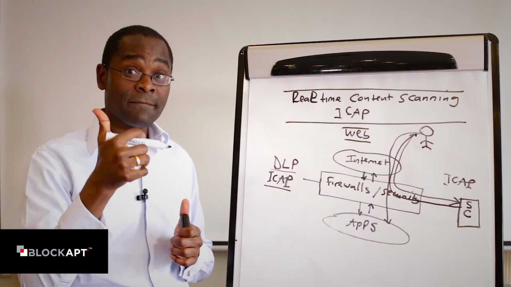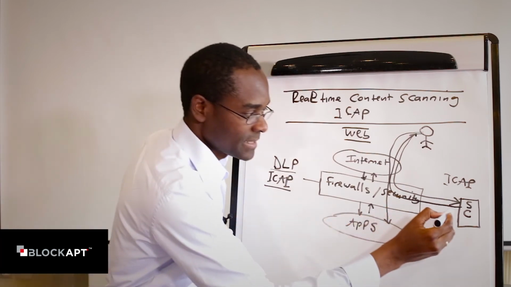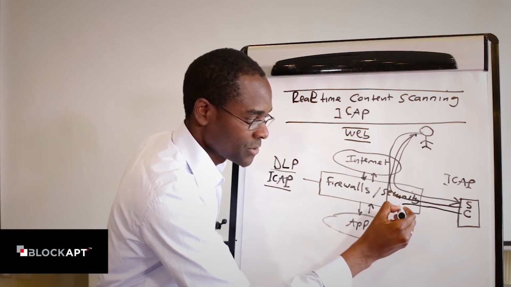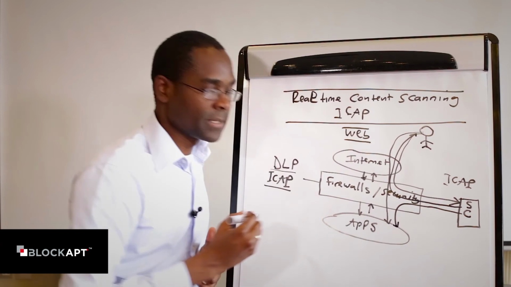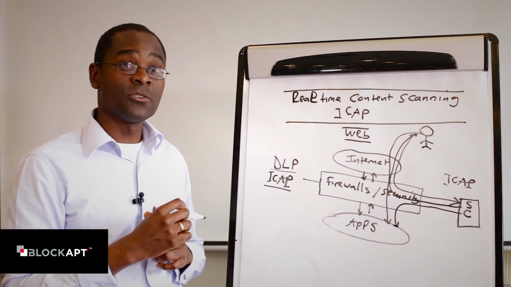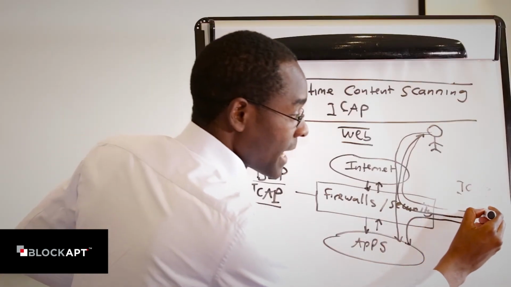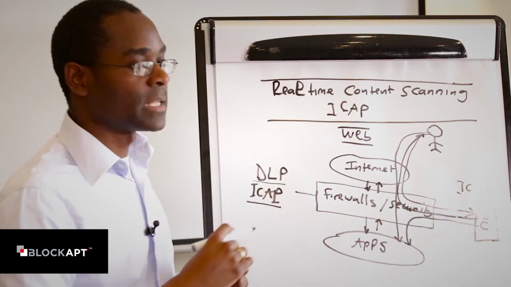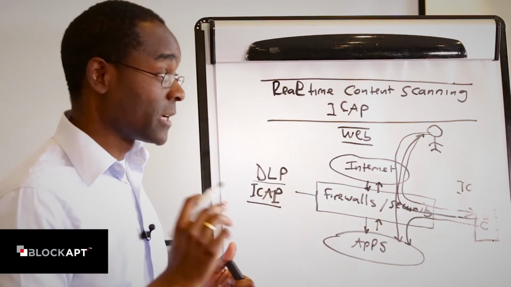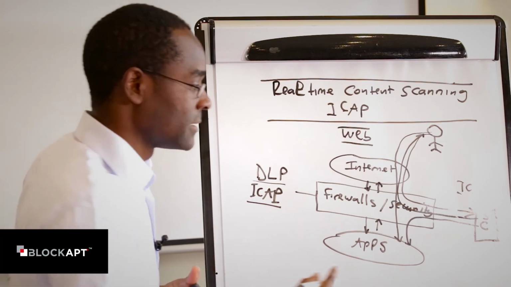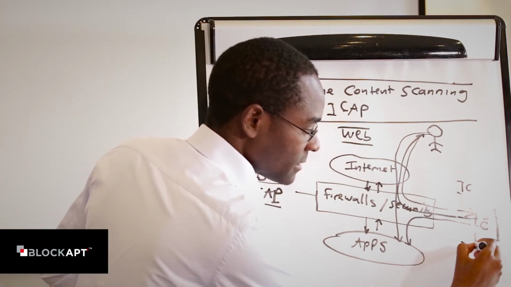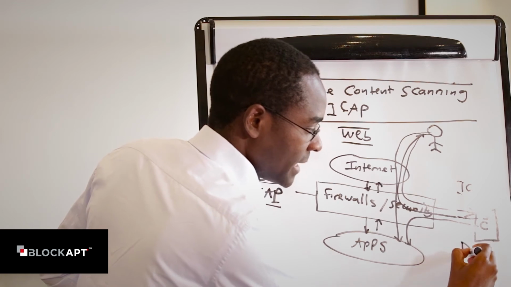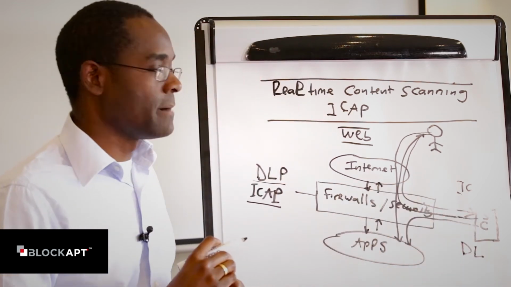If the transaction is clean, the system will allow the transaction to go all the way back to the application. So you can see how our ICAP server could be doing a lot of real-time content scanning to make sure companies are protecting against data leakage, information leaving the company in an unauthorized manner.